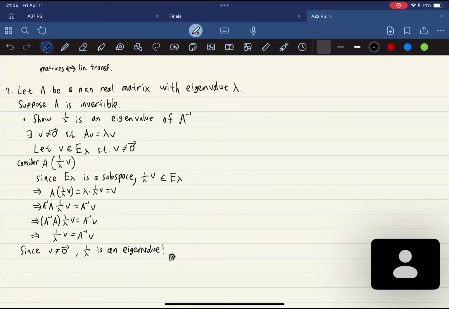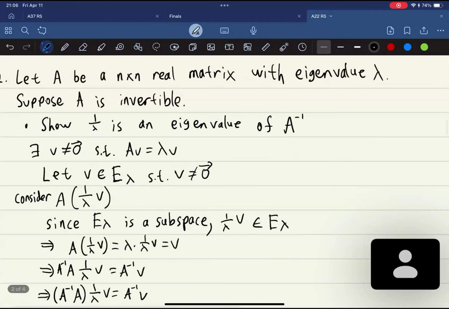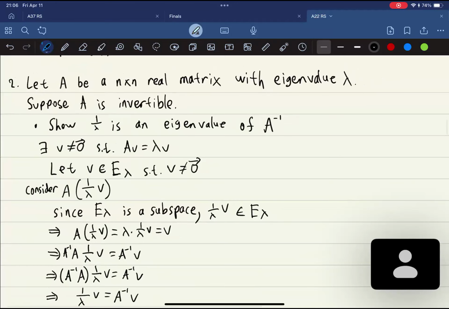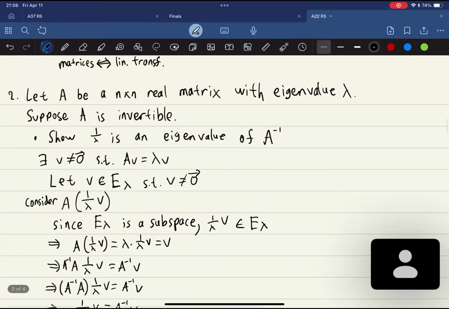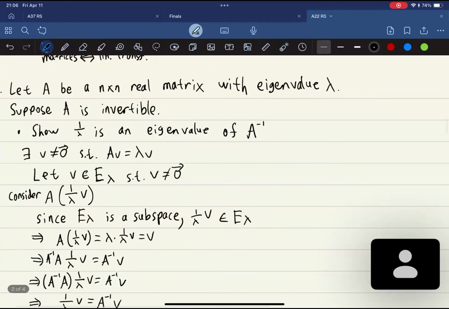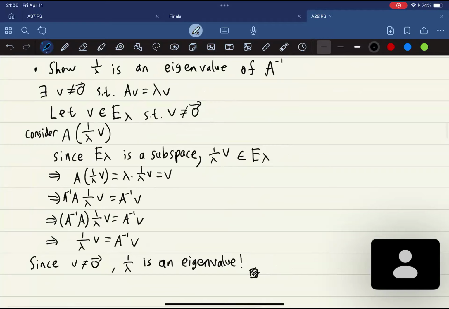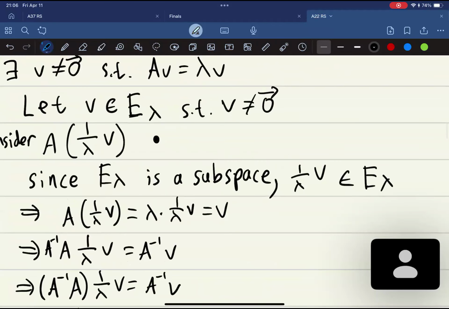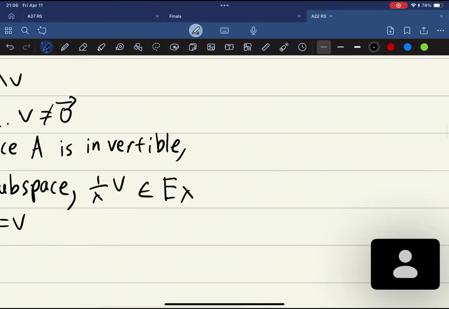Do we state that lambda is not zero? Oh yeah, that's a good point actually. Where would I put it? Okay, we can put a justification here. Since A is invertible, lambda is not zero.